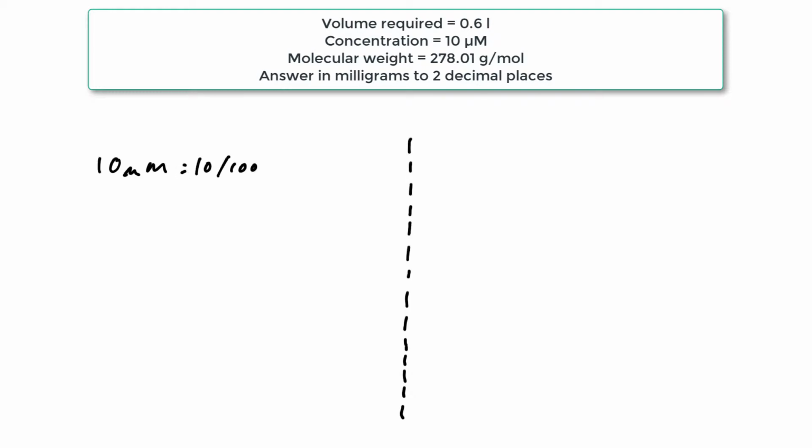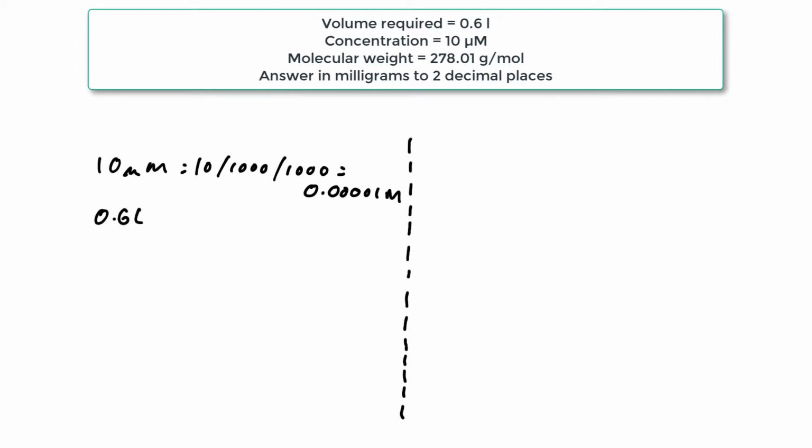And that is effectively 10 divided by 1000 divided by 1000 molar, because 10 micromolar is the same as 10 times 10 to the minus 6 molar. So this means that 10 micromolar is in fact 0.00001 molar.